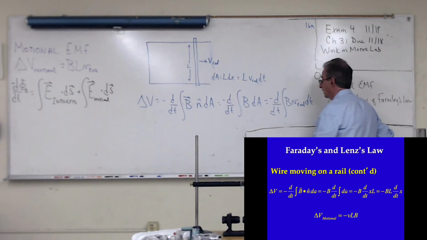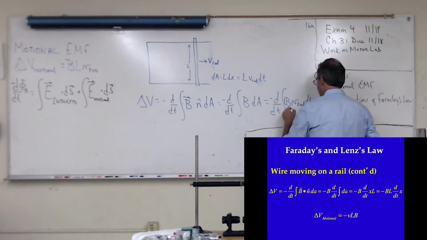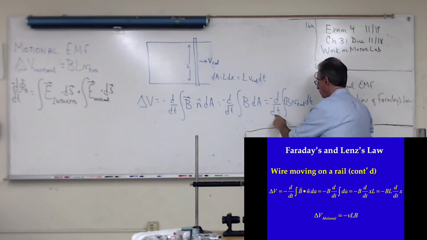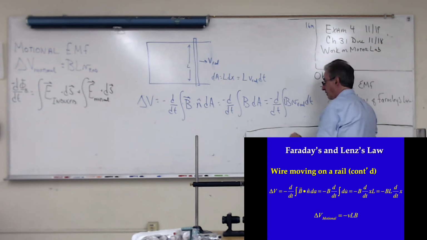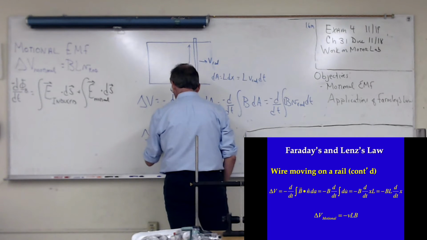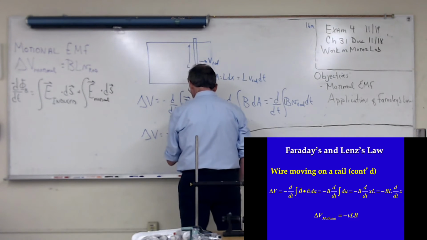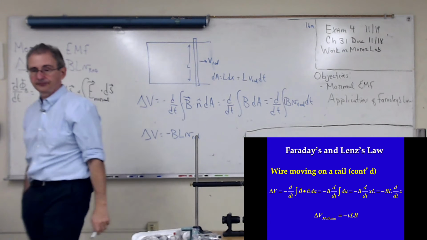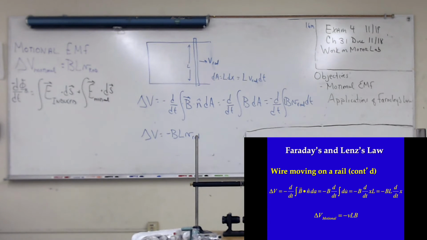Oh, I forgot the L. If I take the derivative of the integral, don't I just get the integrand? Because this is a total derivative. Basically, it's B times the time rate of change of the area.